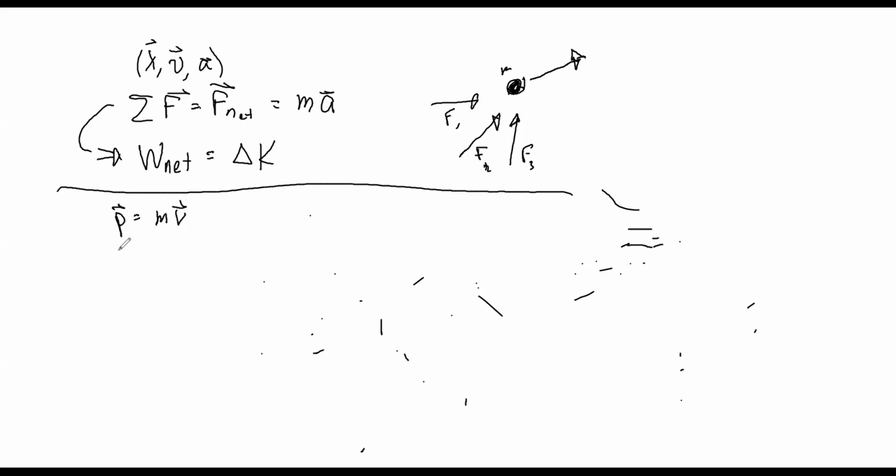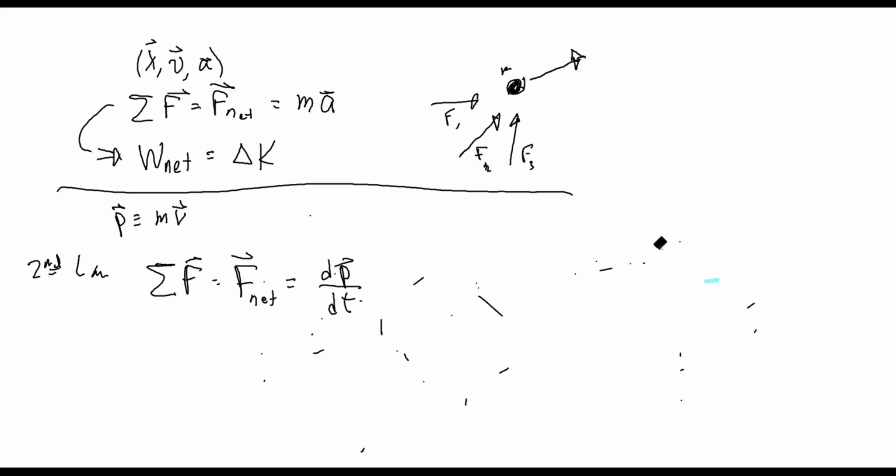The value of that is that we can rewrite the second law as F, or F net, is equal to dp/dt. This is in the case when the mass is a constant, and you can see the generalization to the case when the mass is not constant.